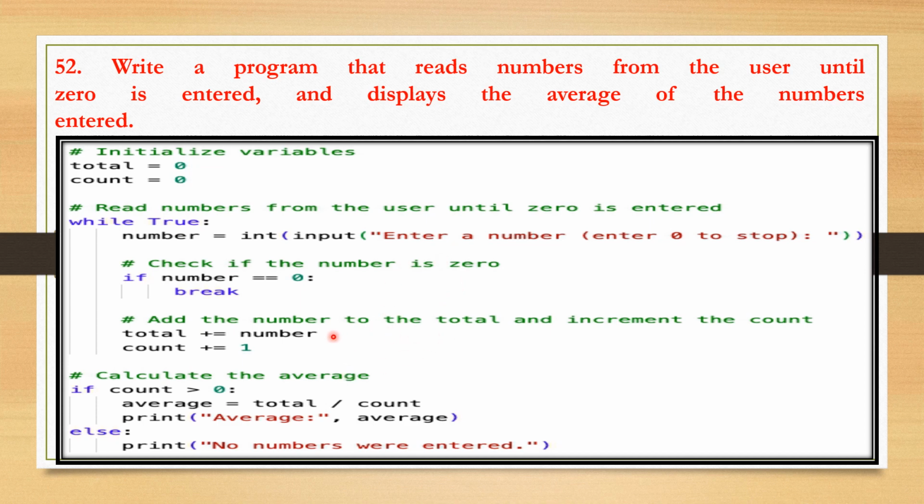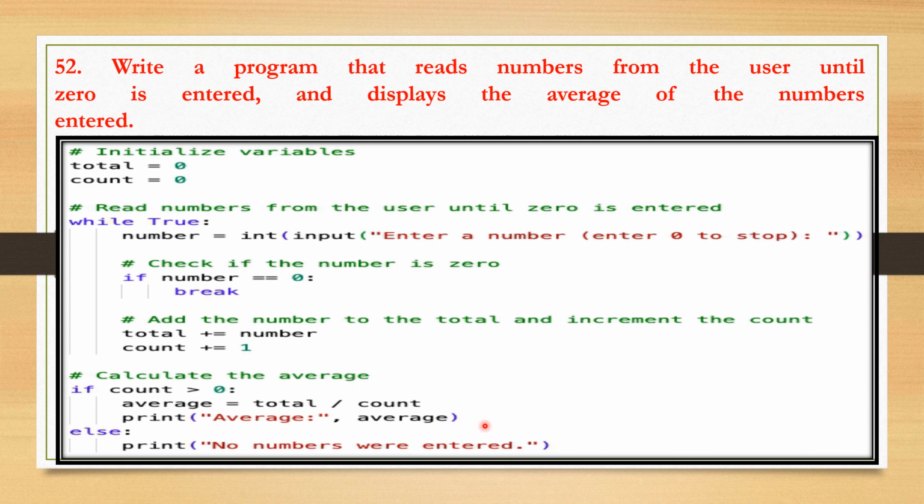If that entered number is not 0, the program adds the number to the total variable and increments the count by 1. After this loop terminates, the program checks if any numbers were entered by comparing this count variable to 0. If there were numbers entered, it calculates the average by dividing the total by the count and assigns it to the average variable.